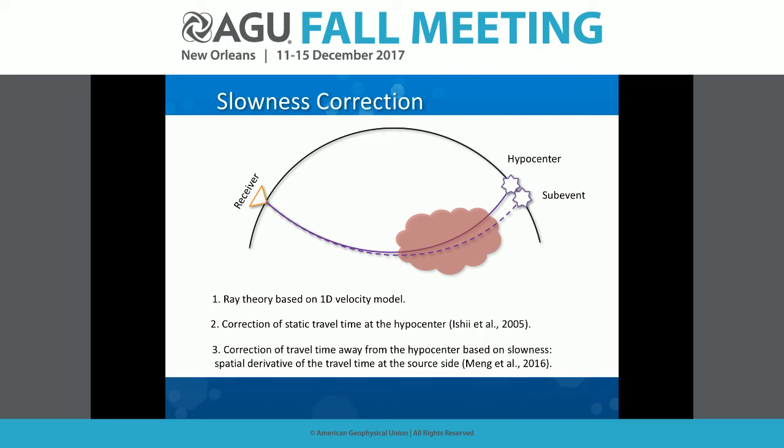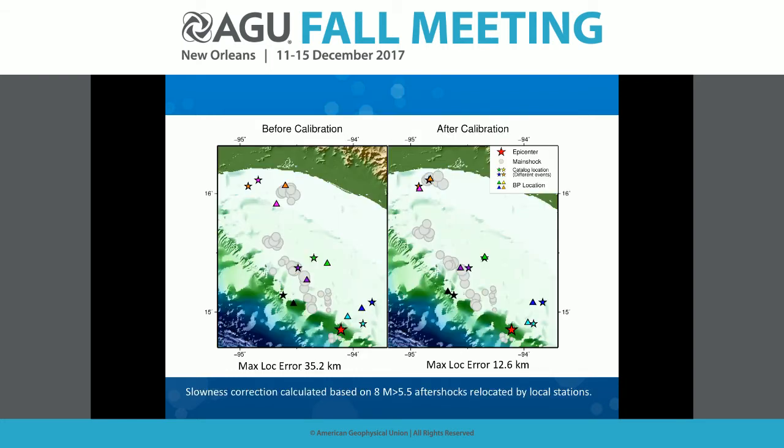So what we do here is that in addition to the static correction, we also add an additional correction on the spatial derivative of the travel time at the source side. It's like if you look at an aftershock that occurred away from the hypocenter, we also make a correction for that. And this is what it does to this specific earthquake sequence. We're looking at 8 large aftershocks here, and we actually relocate them using the local network.